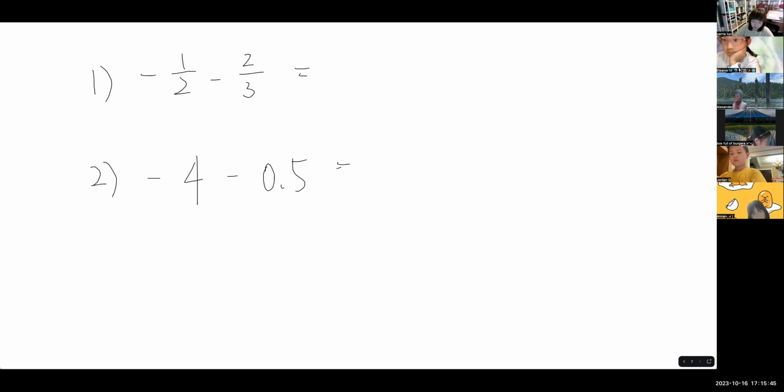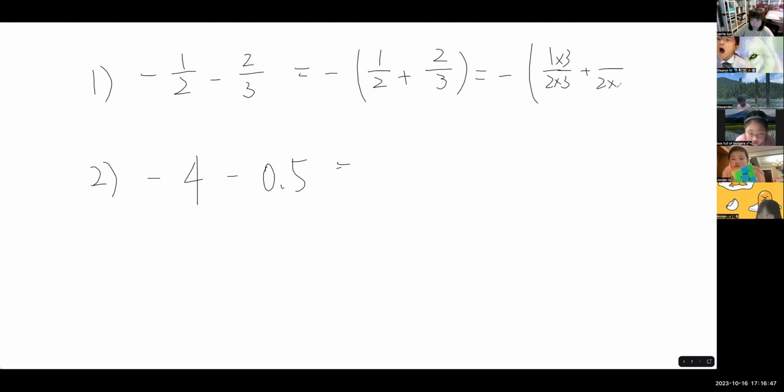Alexander is also right. Come on, three girls. Since you can't do this one, the teacher will do it for you now. So both of them are negative, so it's negative, negative what? Negative 1 over 2 plus 2 over 3, correct? So it's negative 1 over 2 times 3, this is times 3, and plus 2 times 3 and 2 times 2.